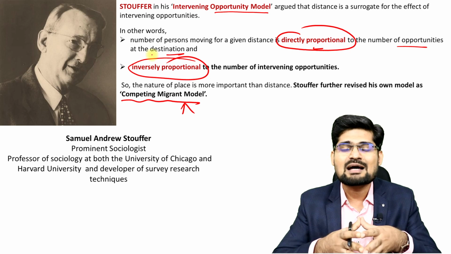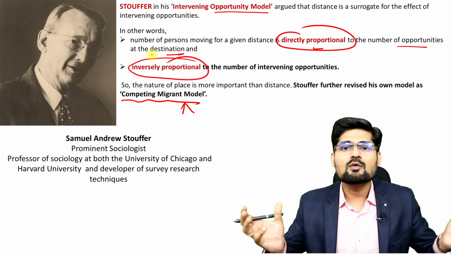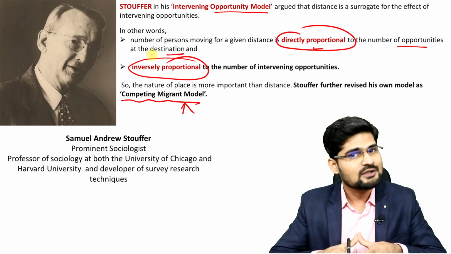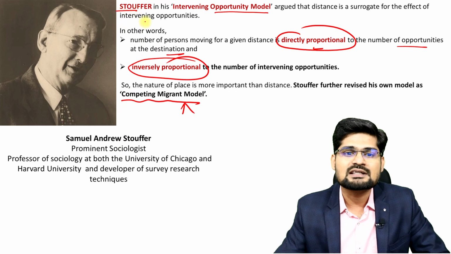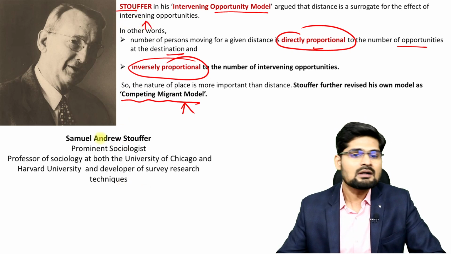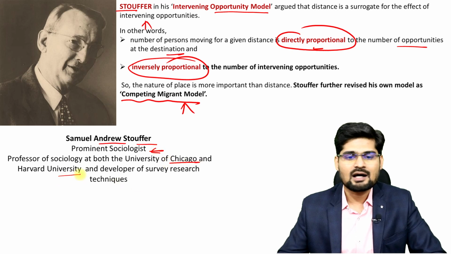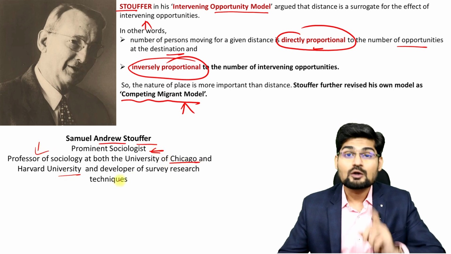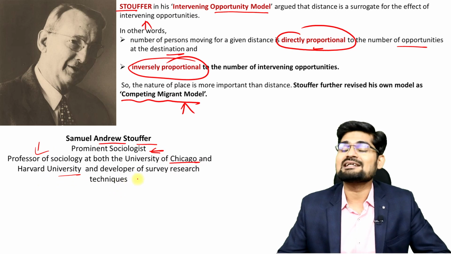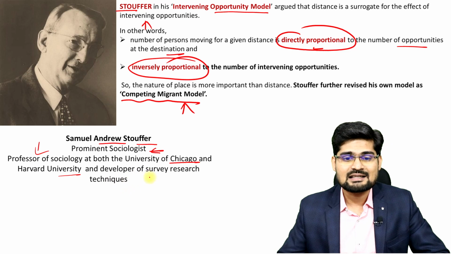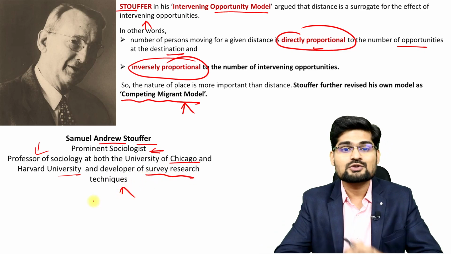You can see the example of the metropolis or big cities in India itself, in the world itself, where more people every day land looking for opportunities. So this is where we say the sociological theory, in which Stouffer's theory is one of the most important. And remember, Samuel Andrew Stouffer was a sociologist at University of Chicago and Harvard University. He was a professor who not just talked about these theories, but also propounded one interesting thing in geography and sociological studies, which was survey research techniques. Right? This is one important contribution of Stouffer as well.